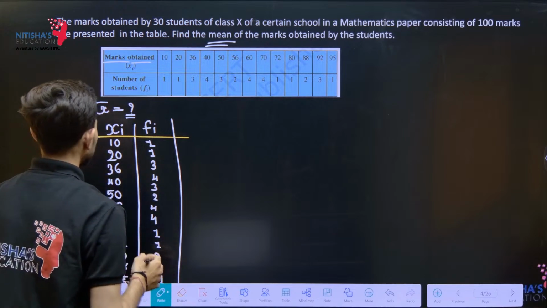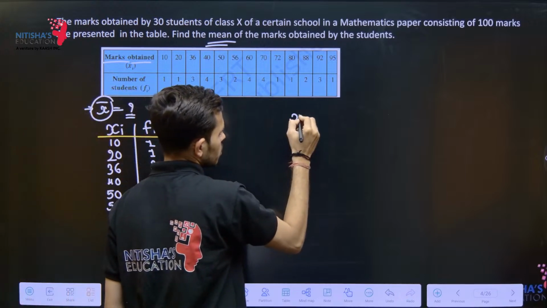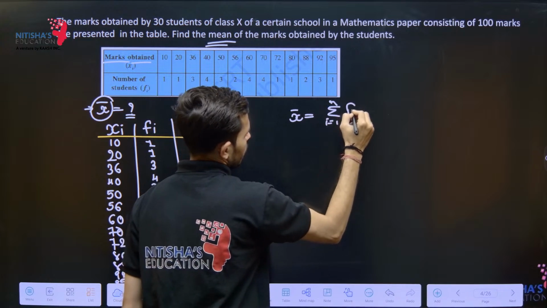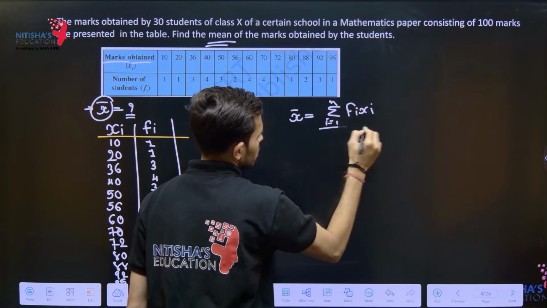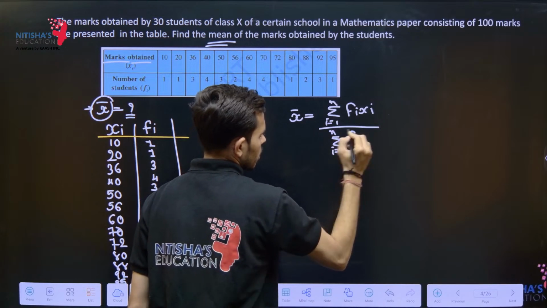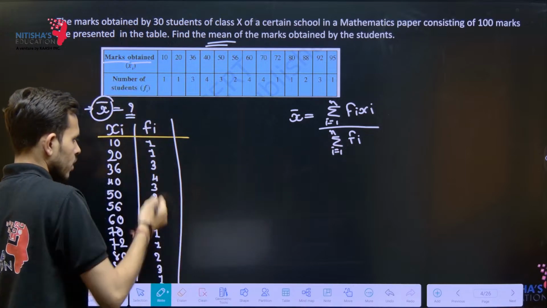Now, if we want to find the mean, then we have the equation which is summation fi xi divided by summation fi, for i equal to 1 to n. So we have fi frequency over here.